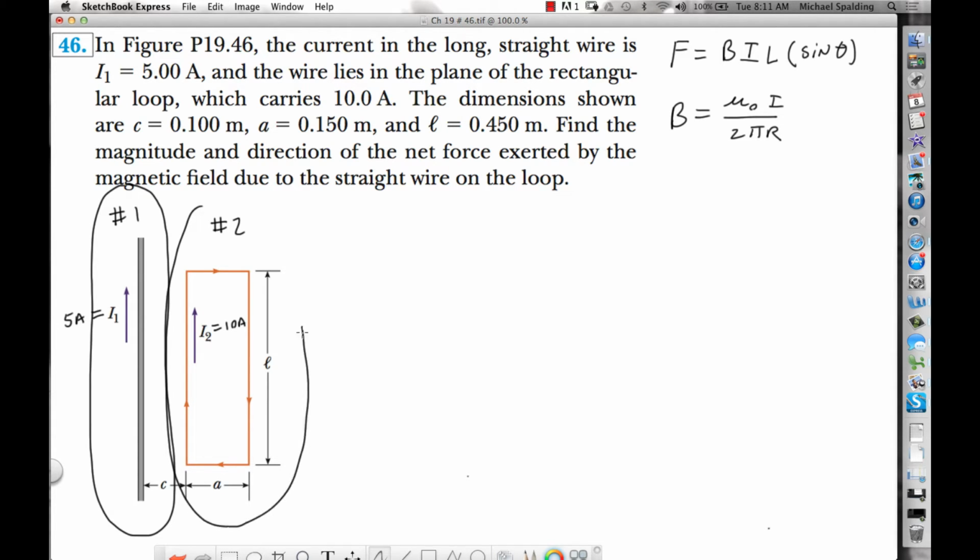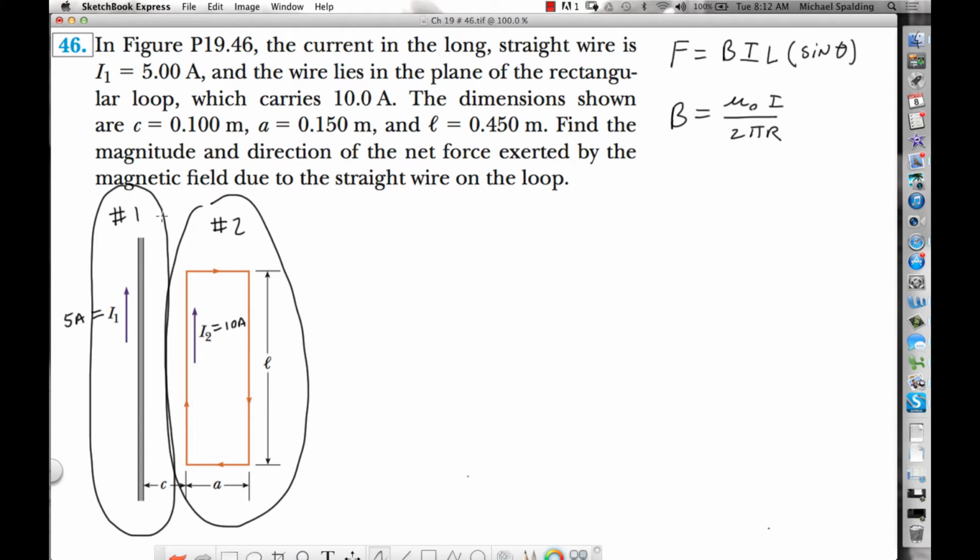Wire number two is sitting in the magnetic field that wire number one created, and it's going to get a force. Remember, moving charged particles in a magnetic field will get a force. So wire number one creates the magnetic field. Wire number two is sitting in that magnetic field and is going to get a force.